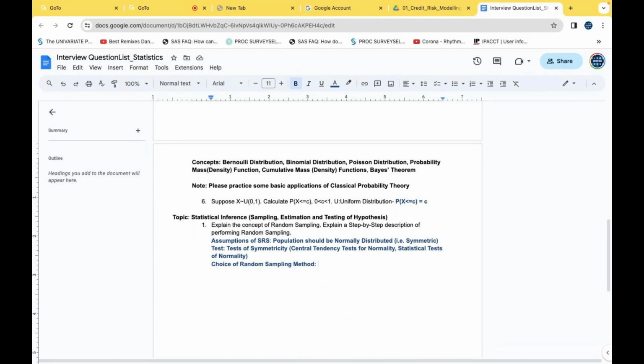Now, if I'm doing a simple random sample, that's what I'm saying. If I'm doing stratified random sampling, then it does not matter if there are heterogeneities in the data, because I am considering a representation of each of the categories that is creating the heterogeneity in my sample. But if I'm using simple random sampling, then I need to be sure that there are no asymmetricities in the data.